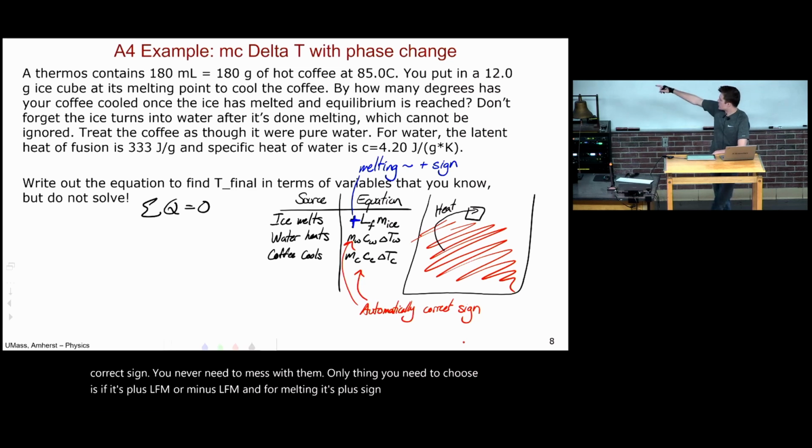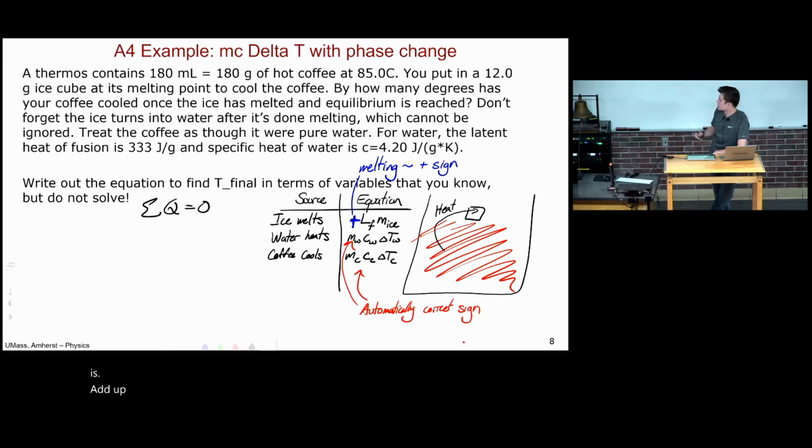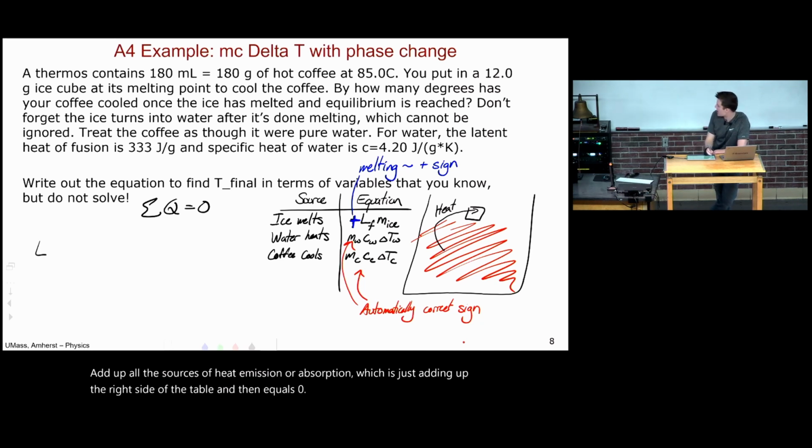So all I'm going to do is add up all the sources of heat emission or absorption, which is just adding up the right side of the table, and then equals 0. And at that point, you know every variable. It's directly told to you once you substitute delta T as T final minus T initial.